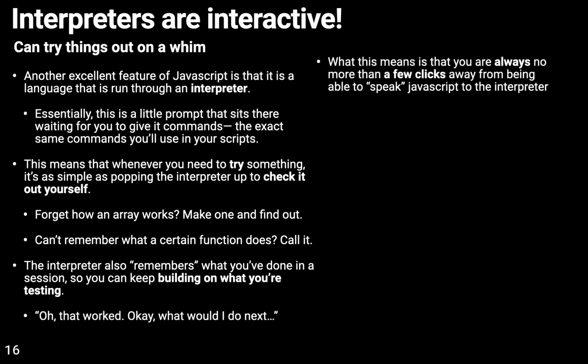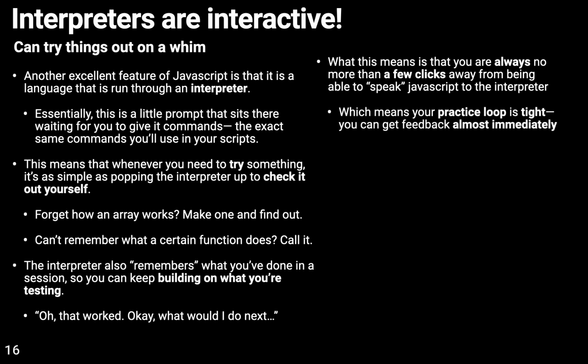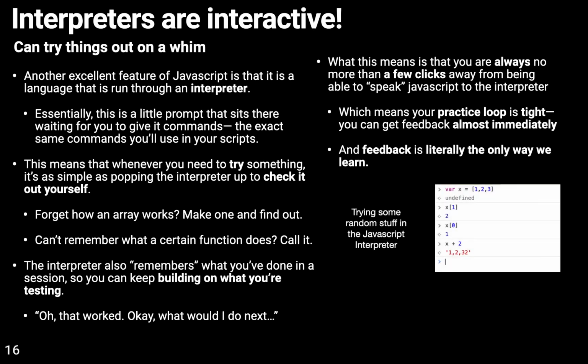So what all this means is that you're always no more than a few clicks away from being able to speak JavaScript to the interpreter, which means your practice loop is very tight. You can get feedback really quick, and feedback is the only way humans learn. And here, just for a taste, this is me trying a bunch of random stuff in the JavaScript interpreter.